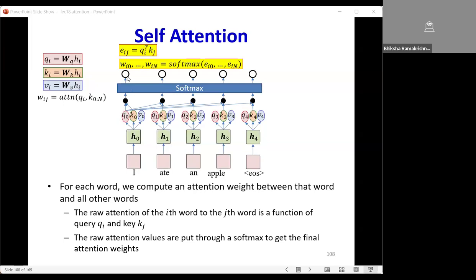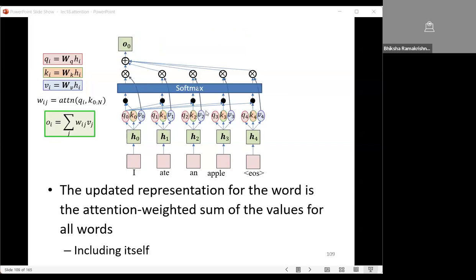What was the query? The query is computed from H0 using this WQ, right? From H, I have 3 matrices which will give me the query, key, and value. Did that answer your question? Yes, okay. And so then I can use these weights against these values and get an updated representation for I.